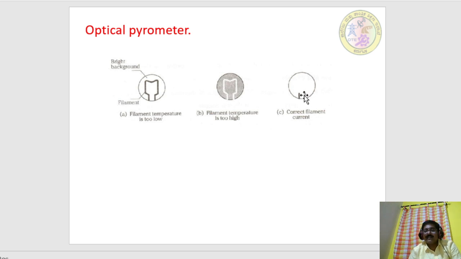And if the filament current is correct, we see just two lines with narrow bandwidth. From this, we can identify the temperature measured by a pyrometer.